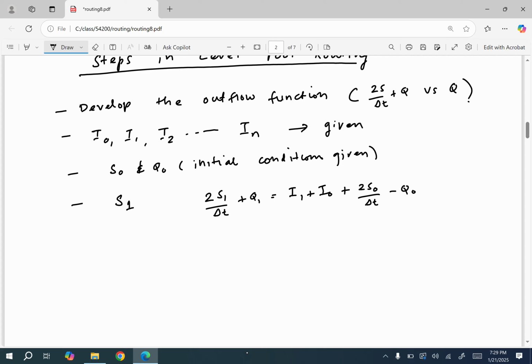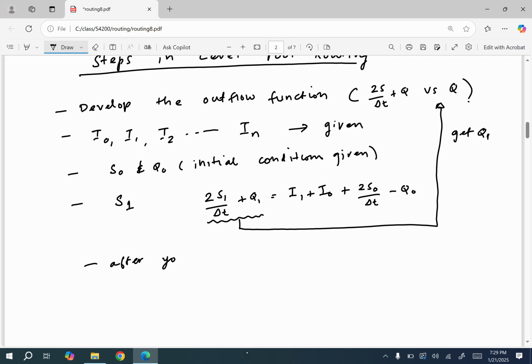Okay, so this is what we have, and once you have this, you go to this and get Q1. Once you have Q1, then find S1 from this expression here.